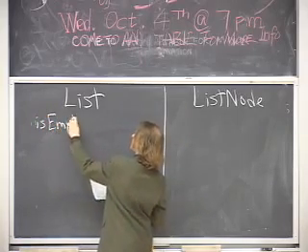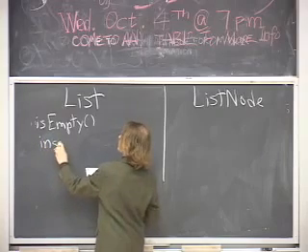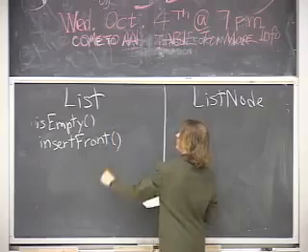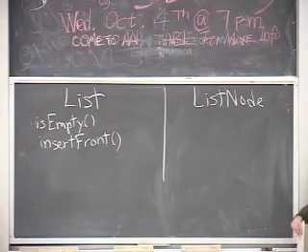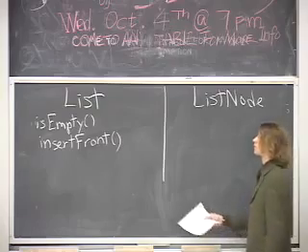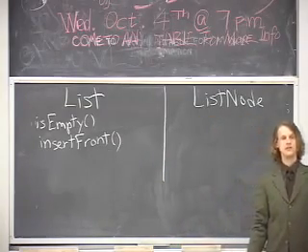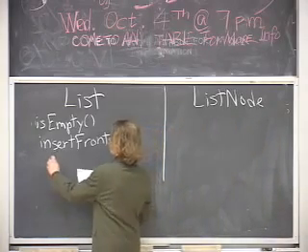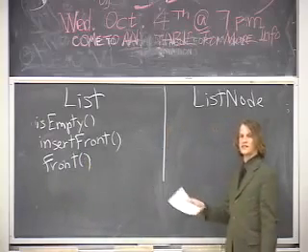IsEmpty should stay in the list class. Now, but also there are methods that do operate on nodes that should stay in the list class, because what they do is they create a node, but they don't take in a pre-existing node as an argument. Insert front creates a new node at the front of the list. And it's easier to find the front of the list from the list than from a list node. And likewise, the front method makes sense. That should be in the list class.